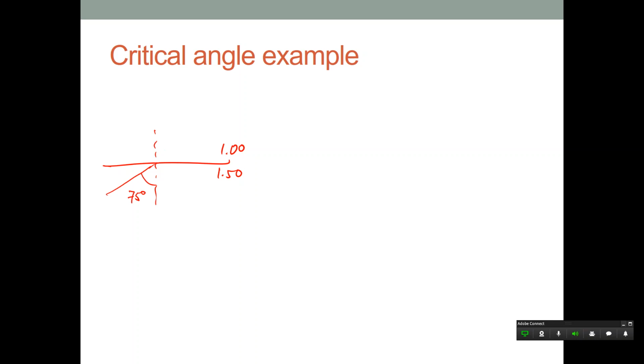But you're going to need to calculate it first. Make sure you're in degrees.